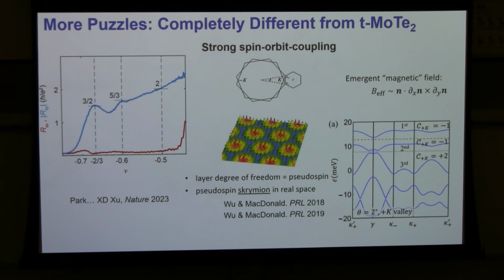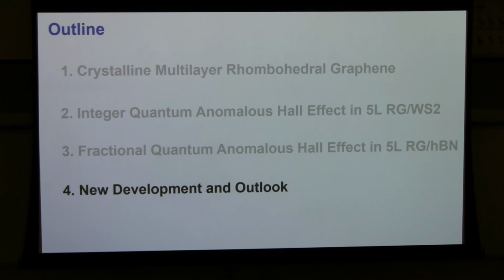The pseudospin forms a kind of skyrmion pattern in real space. There's some emergent magnetic field. If you think about this spin-orbit coupling in such a pattern, the question is, none of this exists in the 5-layer graphene hBN system. So what is exactly the real important thing for realizing a fractional quantum Hall at zero magnetic field? These are open questions.